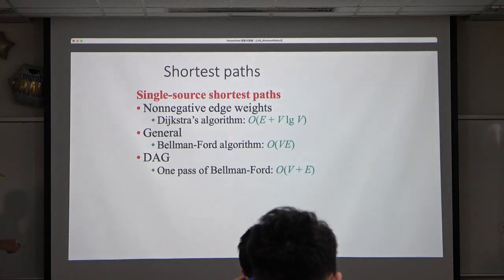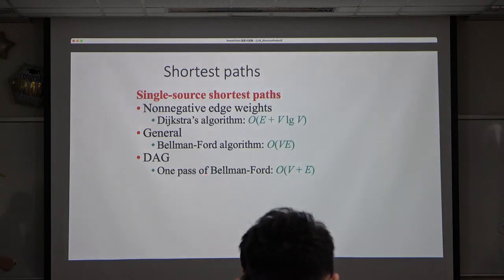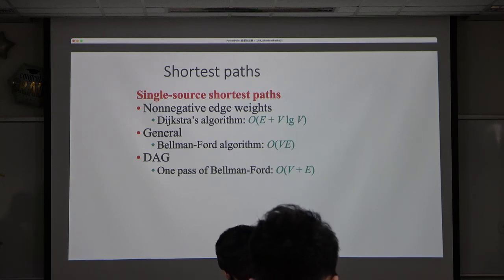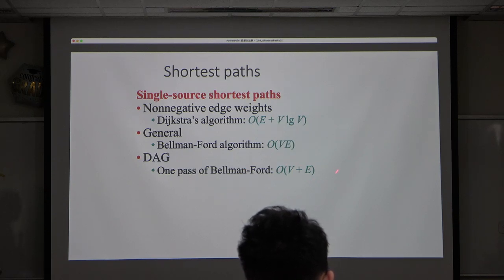Anyway, a DAG has a lot of constraints. You require the graph to have no cycle at all, so this is a much higher demand than non-negative edge weight. You can see that if you have such a graph, finding the shortest path is much cheaper.